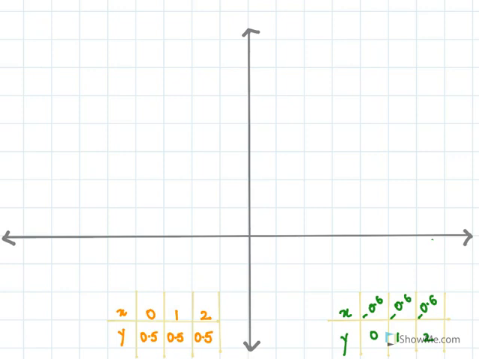Now this plotting is a little different because we have decimals. So here we have the x-axis, we have the y-axis, and now see how I'm taking the scale. Now these are the points here on the x-axis. And since I need decimals, I'm going to take them as 0.1, 0.2, 0.3, 0.4, 0.5, 0.6.